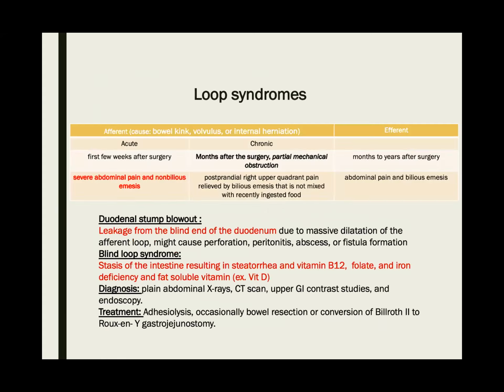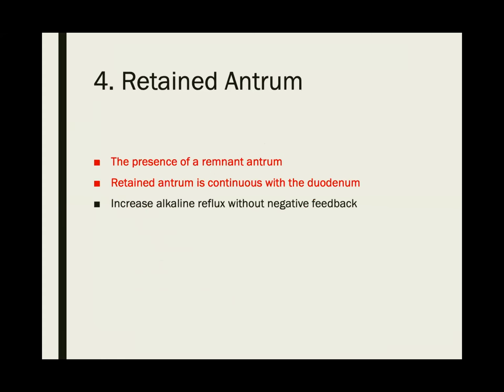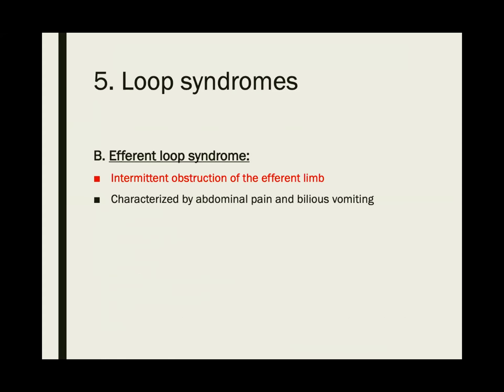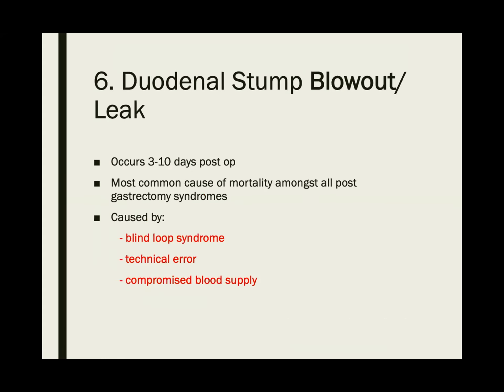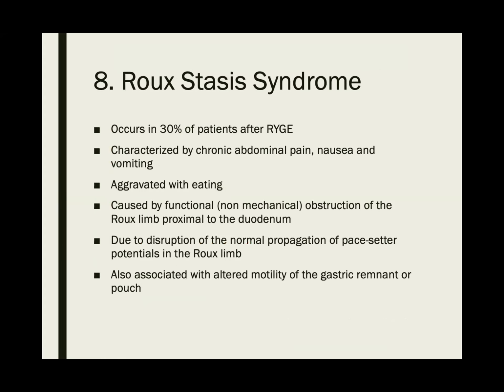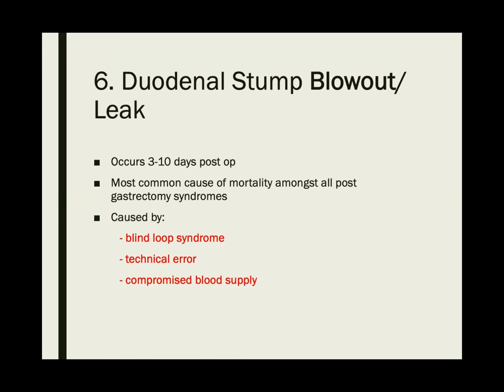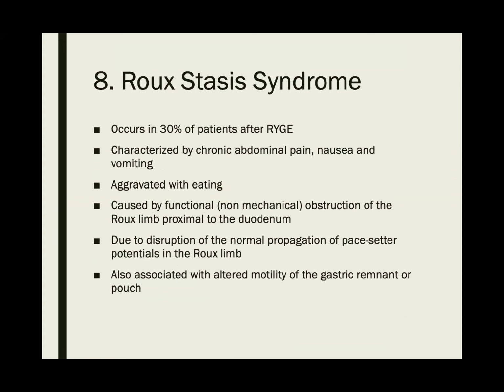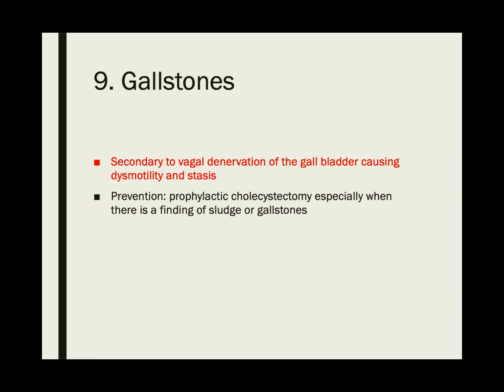So the important ones, as we said, are the dumping and the loop syndromes, which are very important. The duodenal stump is very important as well. The post-vagotomy diarrhea is also very important. Roux stasis is not really important, okay?